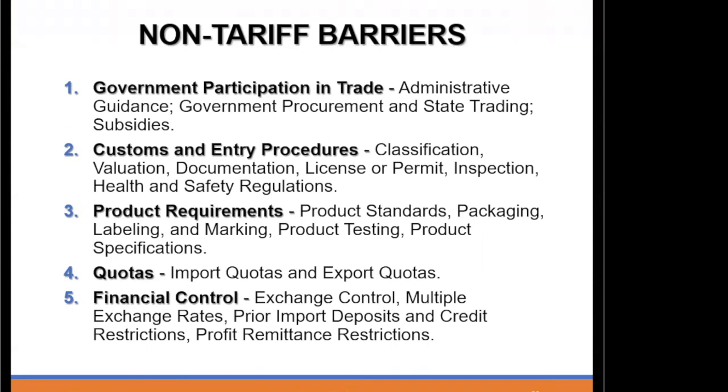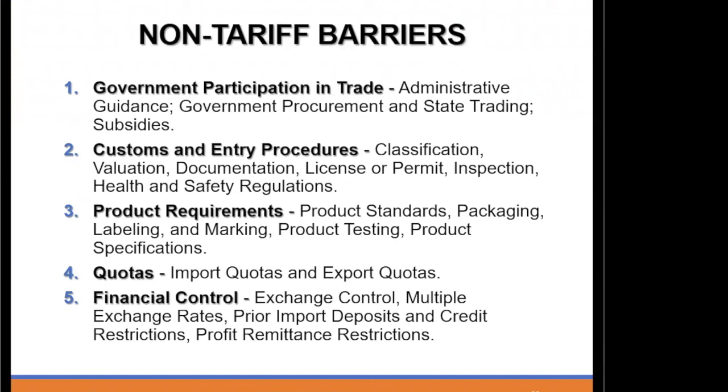We can also talk about product requirements, which we see a lot with developed countries, where they have huge product standards, how the packaging must be, how the labeling must be, the level of testing that it must have, even the ingredients, being the product specifications, what components it contains. All of these have to meet certain standards as determined by the government of the day.